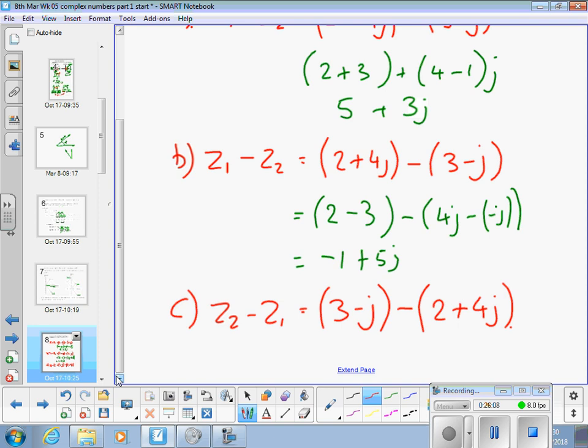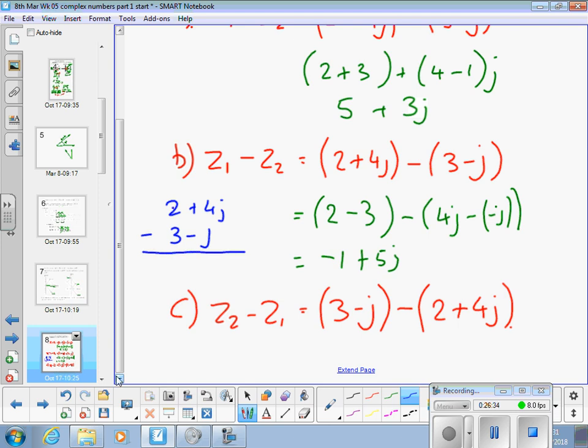Write it slightly differently: 2 plus 4j, sorry, and underneath, write 3 minus j, the subtraction that way.